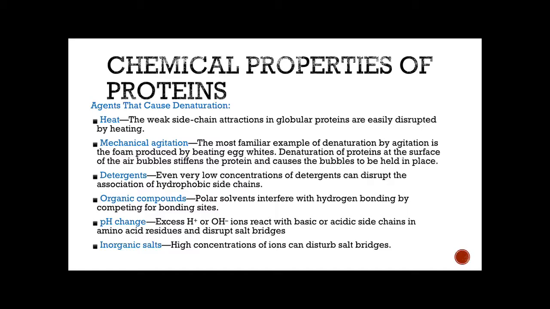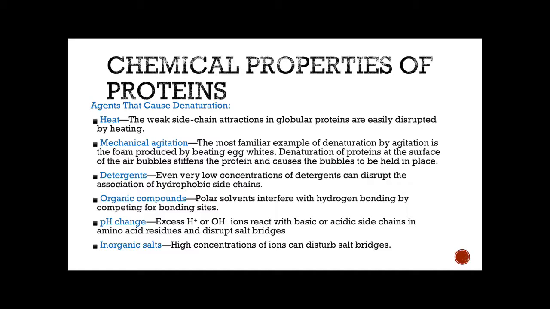Okay, detergents. A low concentration of detergents can disrupt the hydrophobic side chains. It disrupts those water-free pockets that they form. Organic compounds will disrupt the hydrogen bonding because they compete for those same bonding sites.